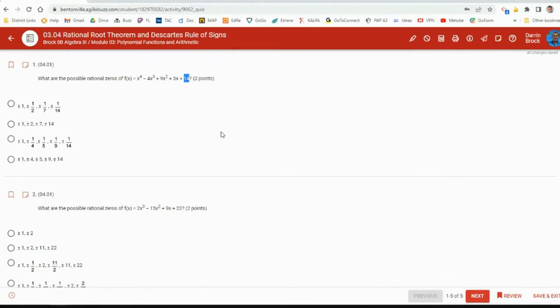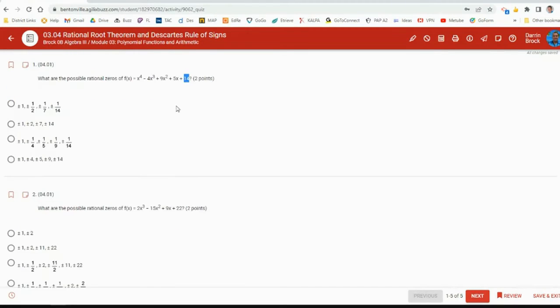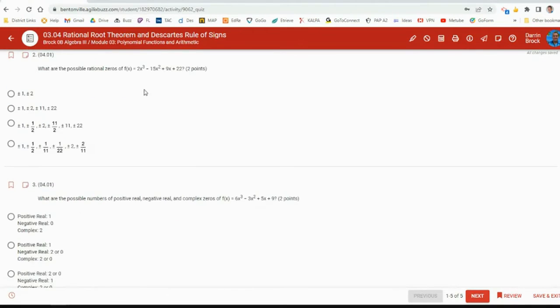P is 14. So you take all the possible roots of 14 and put them over 1. You list those there. Same thing here, except now you have 2 as a coefficient and you have 22 as your constant.